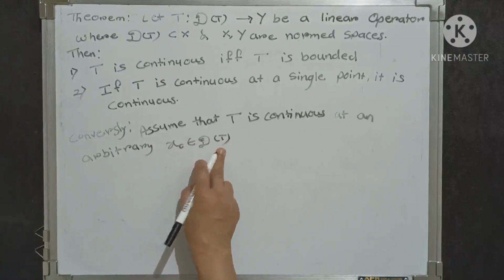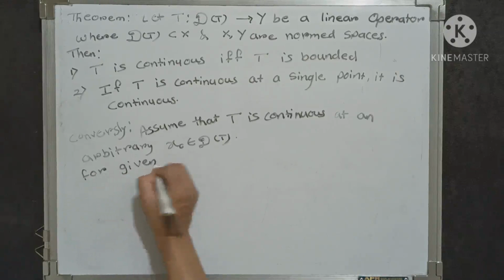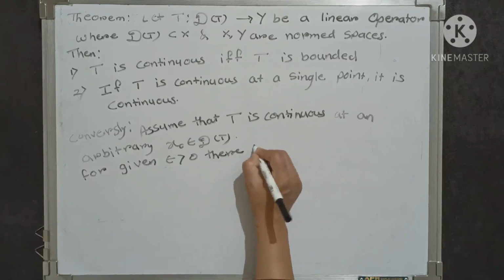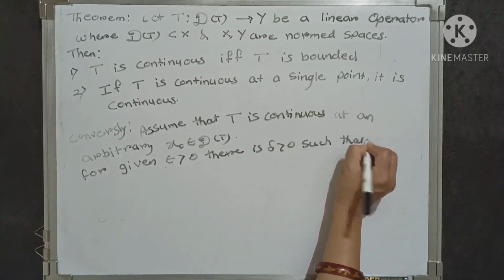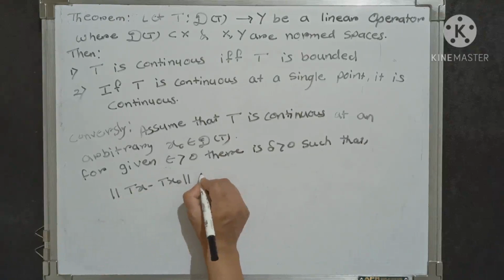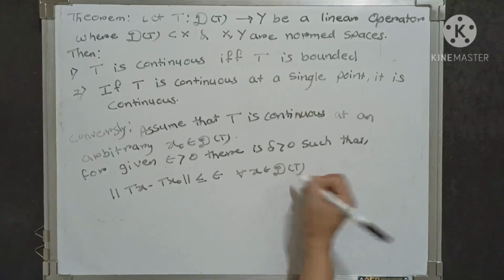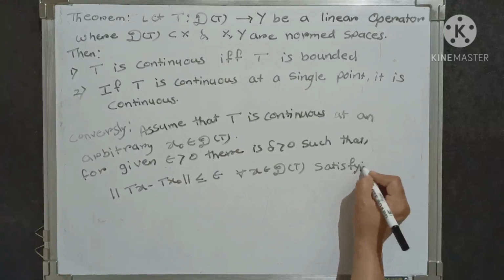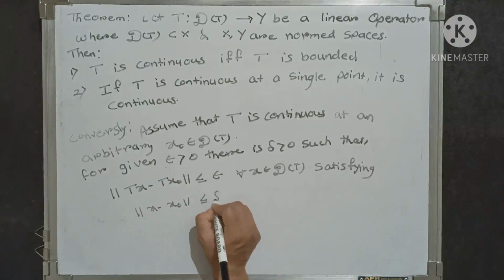And therefore this implies that for a given epsilon greater than 0, there is delta greater than 0 such that the norm of Tx minus Tx0 is less than or equal to epsilon for all x belongs to D(T) satisfying the norm of x minus x naught less than or equal to delta.